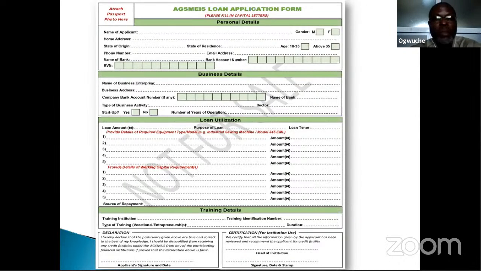Your phone number, then the email address, then name of bank. That's your own personal account now, and then the bank account number. Then importantly, your BVN. BVN is what sounds more like your collateral here, because with the BVN, if there is a default, the bank will be able to trace you so long as you continue to have a banking relationship in the country.